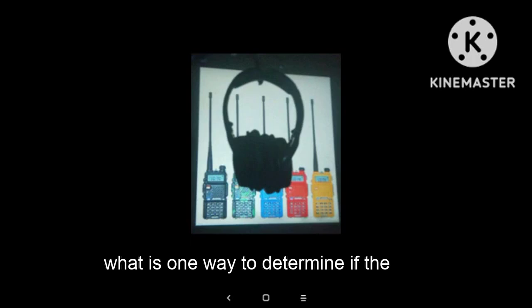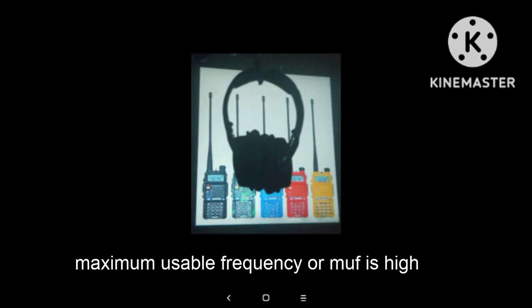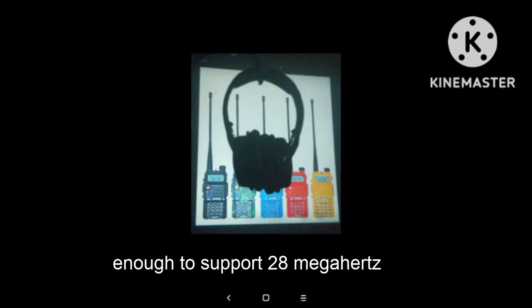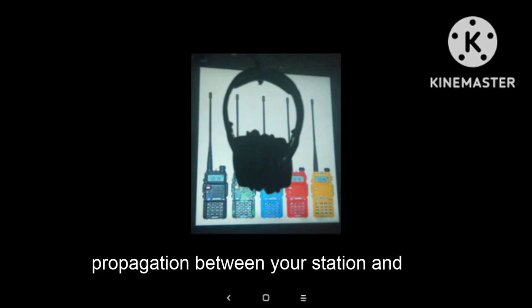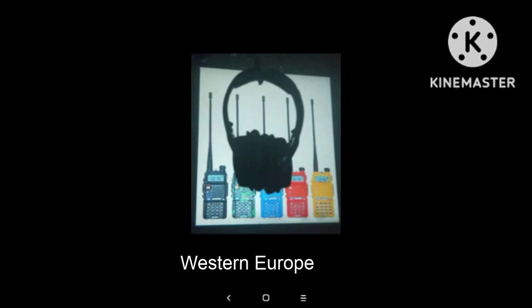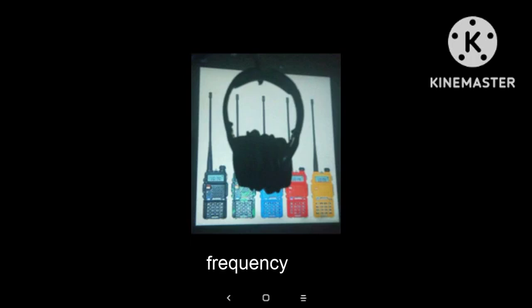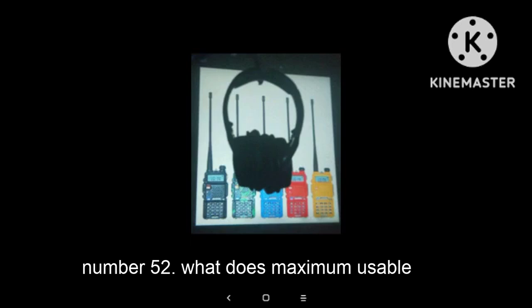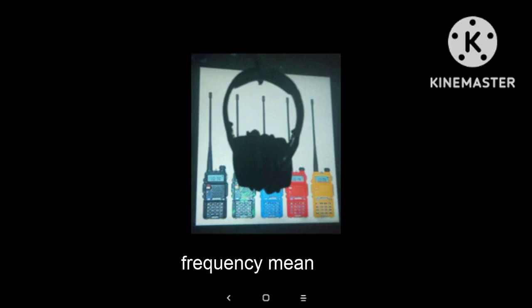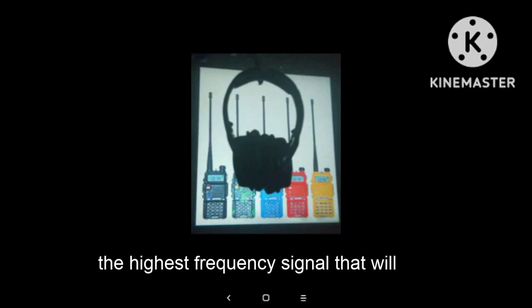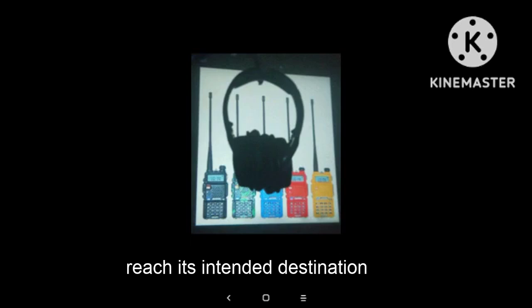What is one way to determine if the maximum usable frequency, or MUF, is high enough to support 28 megahertz propagation between your station and Western Europe? Listen for signals on the 10 meter beacon frequency. Number 52. What does maximum usable frequency mean? The highest frequency signal that will reach its intended destination.